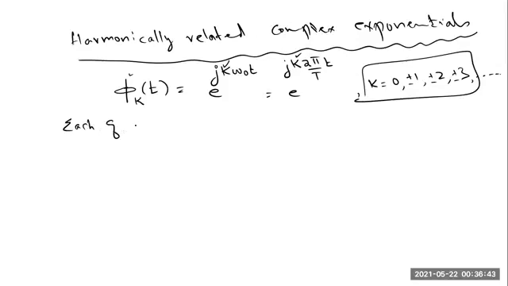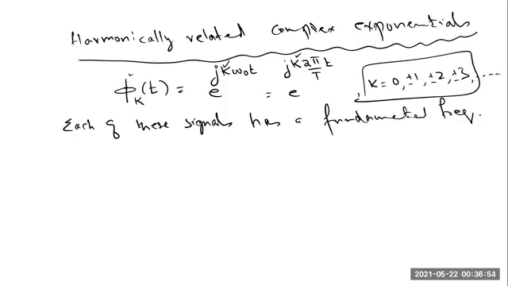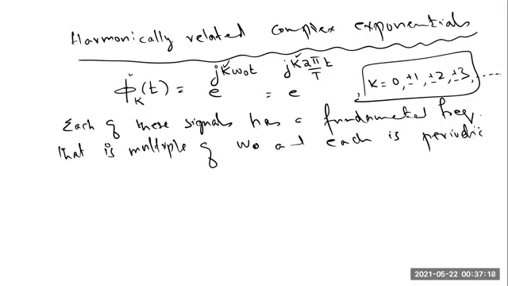Each of these signals has a fundamental frequency that is a multiple of omega naught, and each is periodic with period T. So this capital T is the common period for all of the signals.